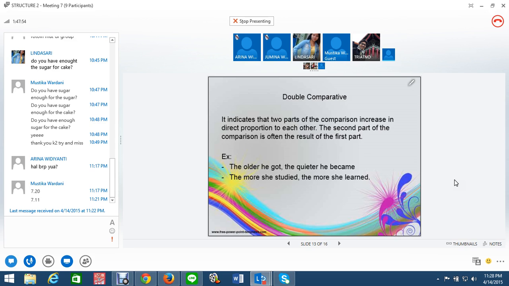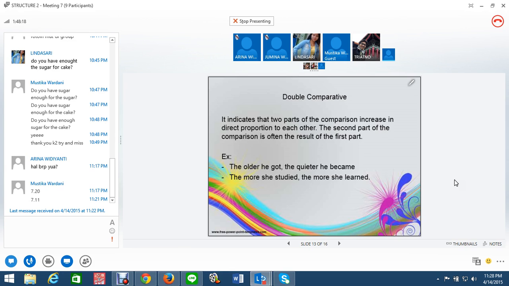Number 1 salah. The more it is dangerous, the more I like it. This is wrong. Ini salah karena there is an adjective here. Dangerous itu adjective, right? Jadi dangerous should be put after more. So you can see the sentence di bawah.